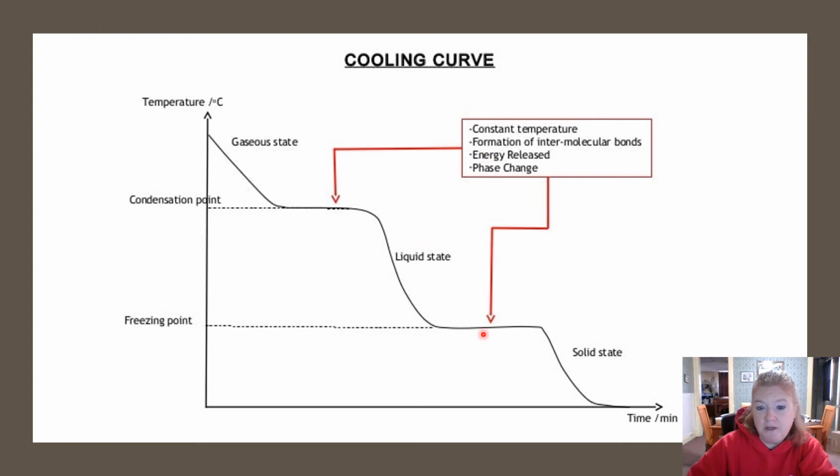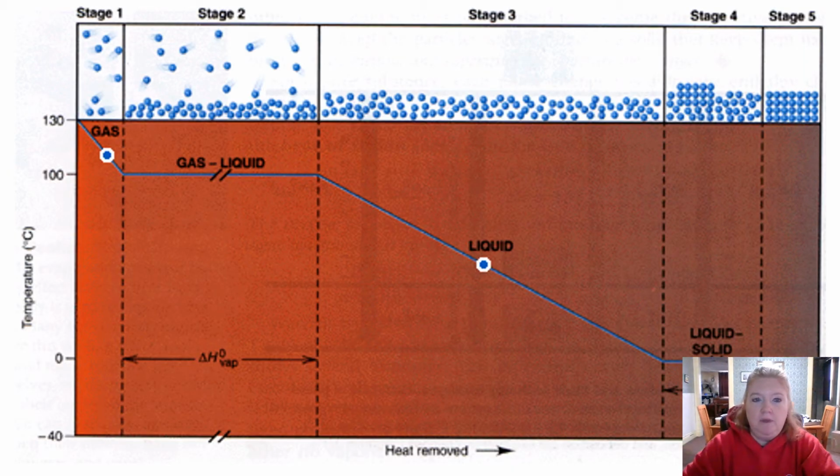That's what's happening during a phase change. This point right here is the condensation point or boiling point, and this right here would be the freezing point or melting point. It's the same temperature. We'll just call it one or the other based on the graph. You can see that the kinetic energy over the span of the curve is decreasing, as is the potential.